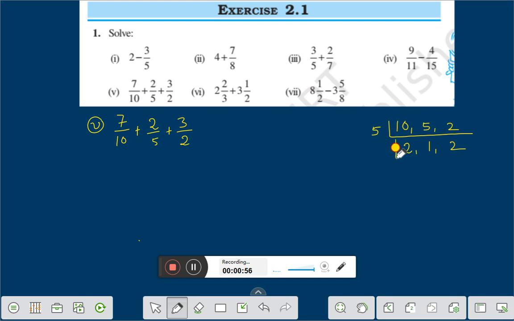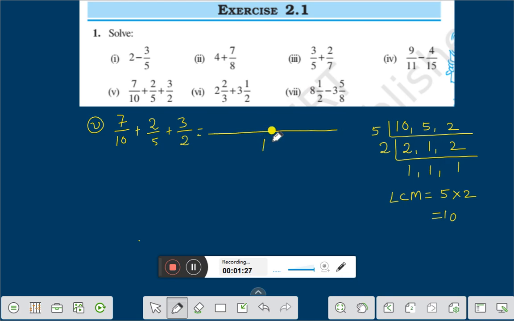Again divide it by 2, then 2 ones are 2, it is 1 and 2 ones are 2. Therefore LCM is equal to 5 into 2, and that is equal to 10, right? Therefore we are getting LCM as 10.